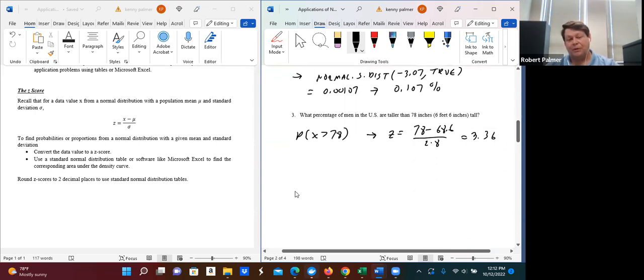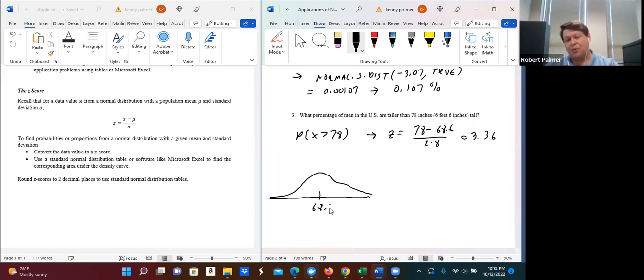So let's draw a couple pictures again. Going from the original distribution, which looks like this, excuse my drawing, where our mean is 68.6, we want to find way over here at 78 this small bit of area. We're converting this to the standard normal distribution, where this is 0, and the z-score that corresponds to this is 3.36.